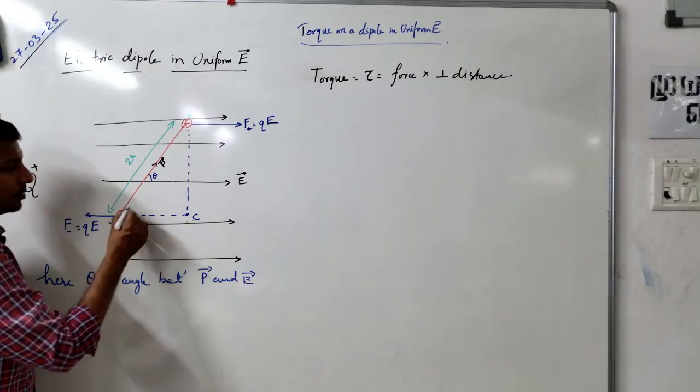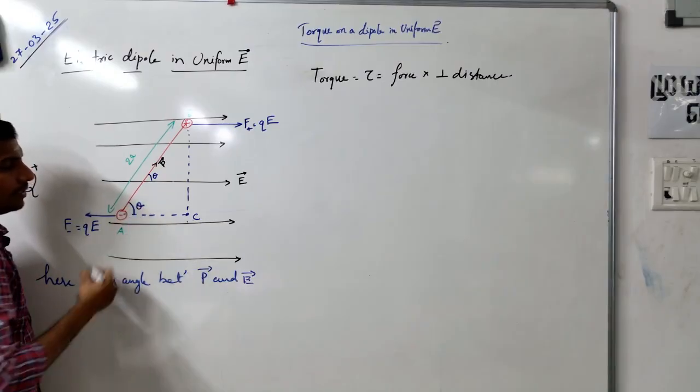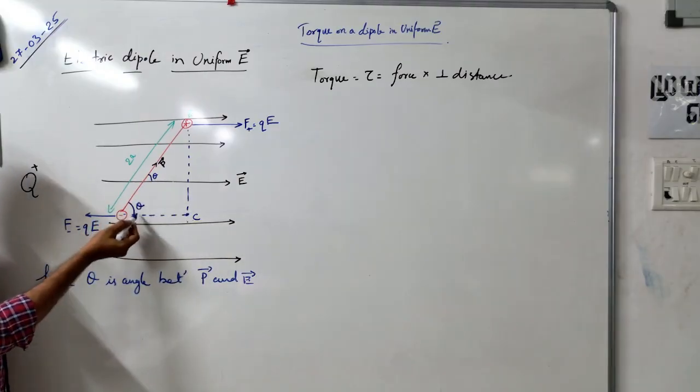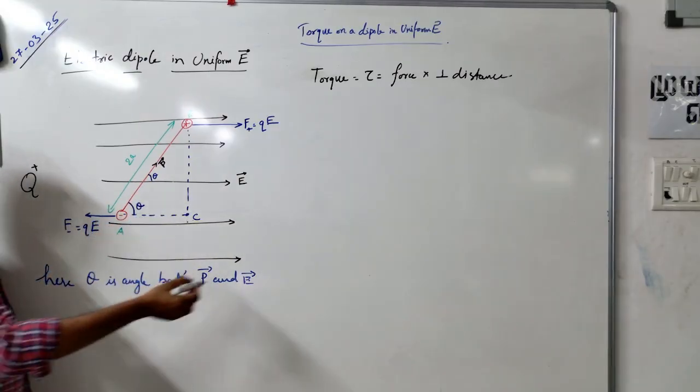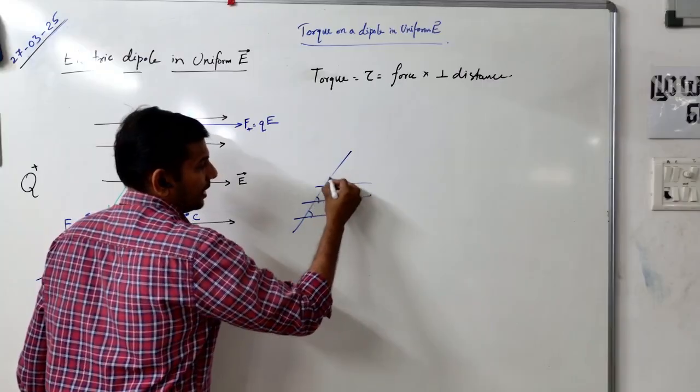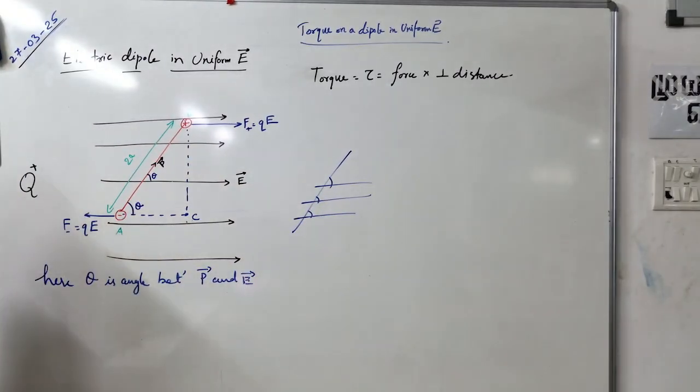Got it? So here I can mark the angle theta. This theta and this theta are the same, right? Because you take a line and keep drawing parallel lines, all these angles must be equal. Correct?